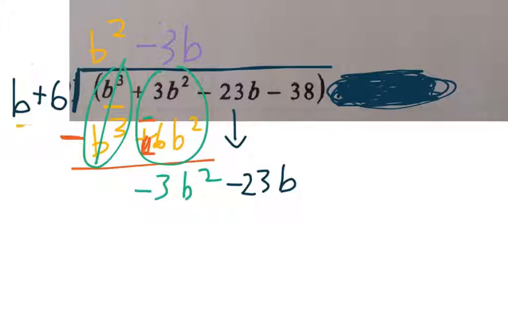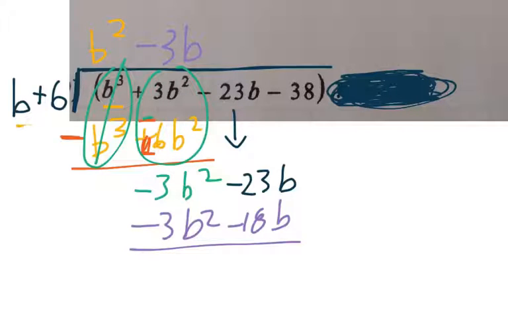And I'm going to get negative 3b squared down here. I'm going to take this negative 3b times a 6, because again, that's called distributive property. Get a negative 18b. Key step again. When I minus, guys, that minus right there, I hope you agree, becomes a plus. And this minus in here becomes a plus.